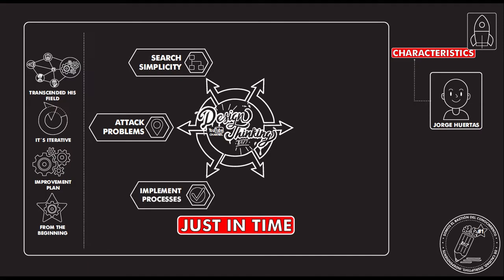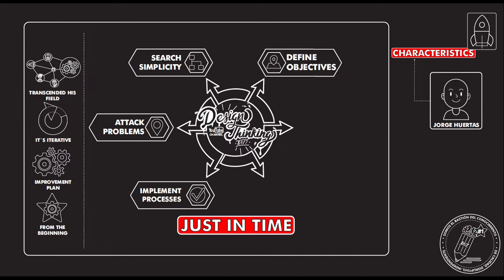That is something very important because it will allow us to look at all the process and everything that is going on and make it better. Also, it's extremely important that searching for simplicity and attacking problems are developed in the implementation process. So you have not just to put it on paper, you have to put it into reality.